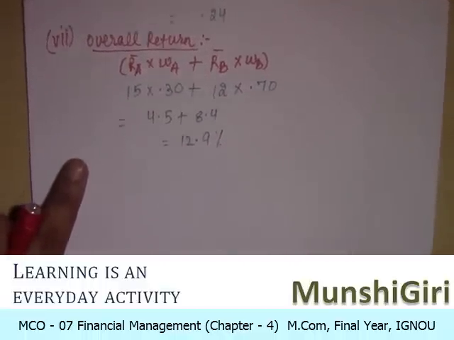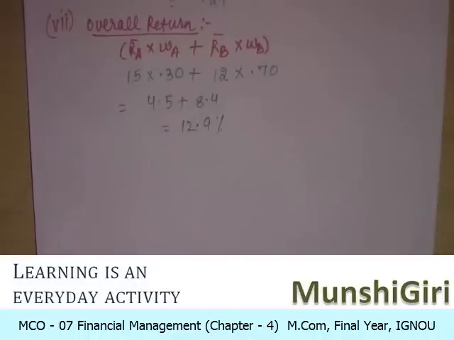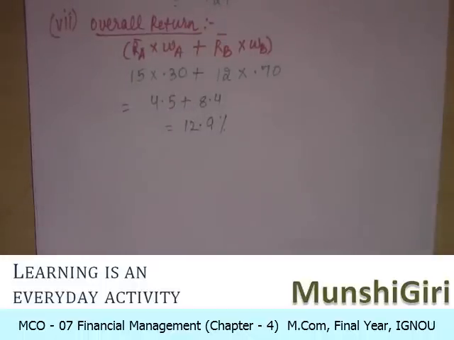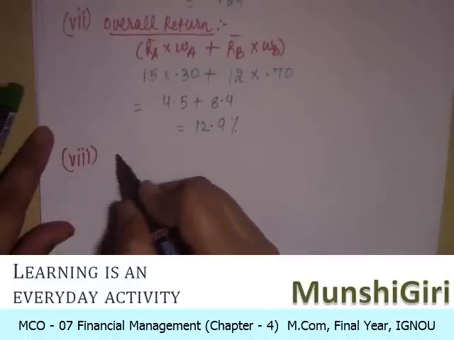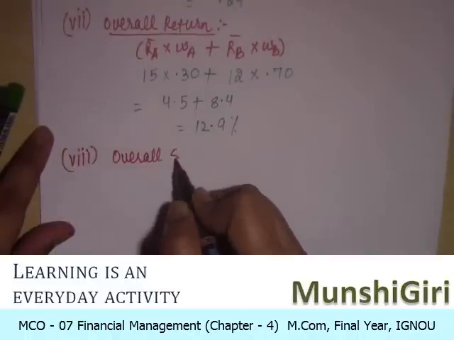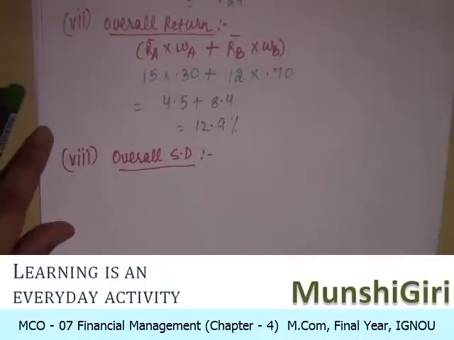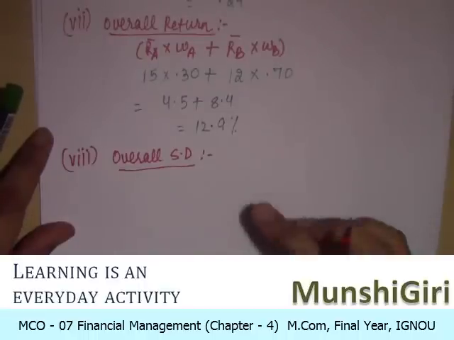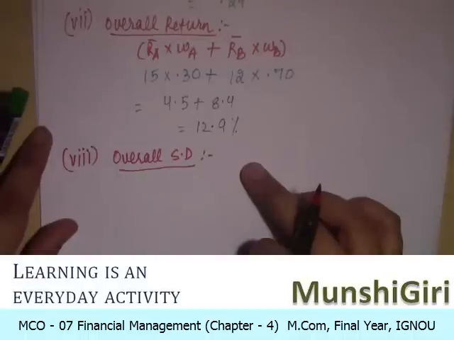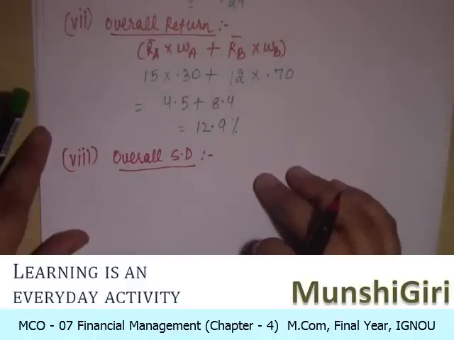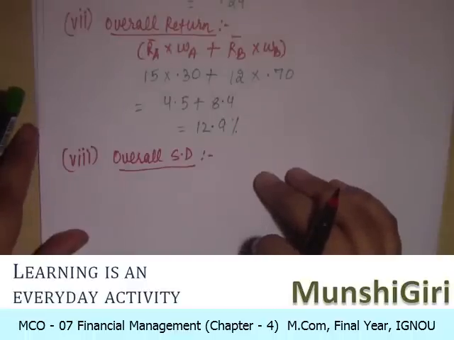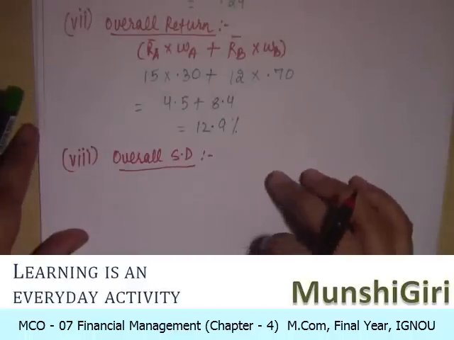So the last component that we have to calculate is overall standard deviation. This is the 8th point. Overall standard deviation. So we had two scenarios under this. First was in case the correlation is +1 and second was in case the correlation is other than +1. In this question, the correlation came out to be 0.24.